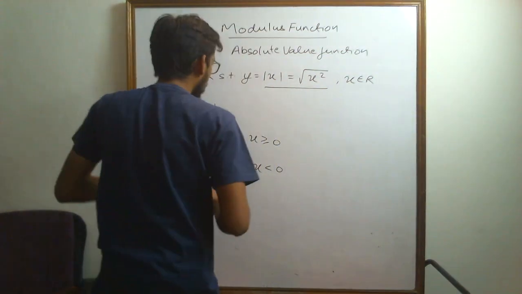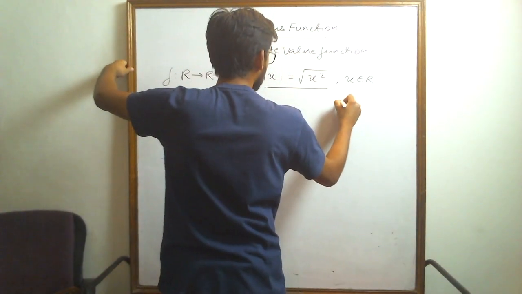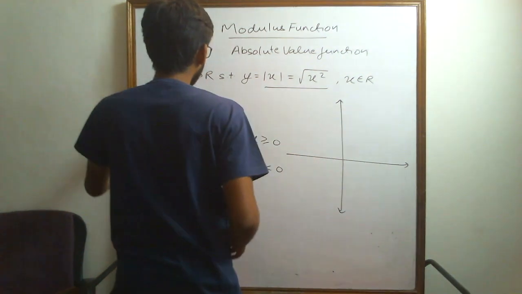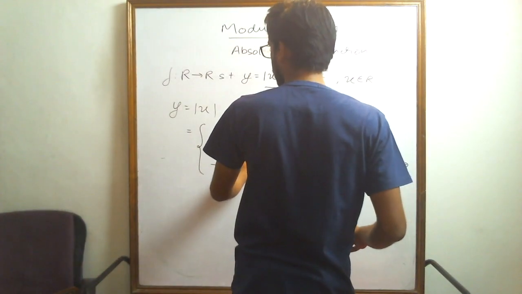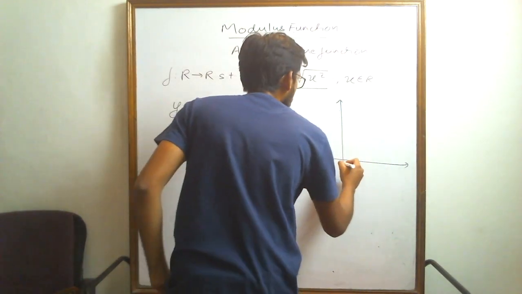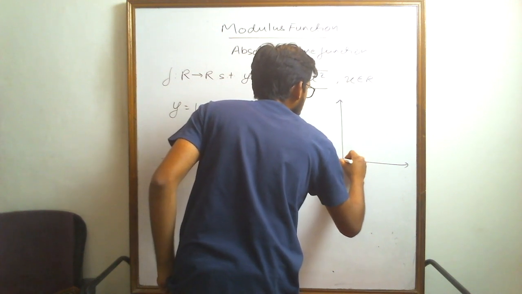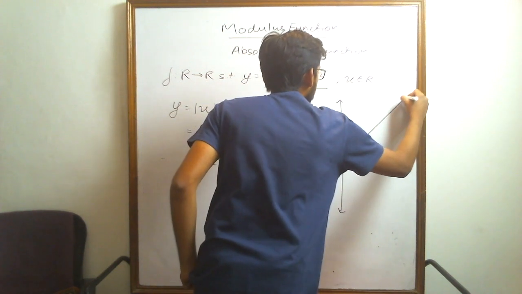If I look at the graph of the modulus function, y is equal to x when x is greater than or equal to 0. That means for positive or non-negative values of x, y is equal to x.